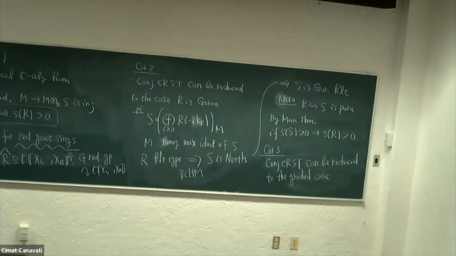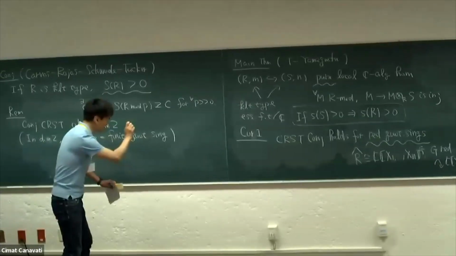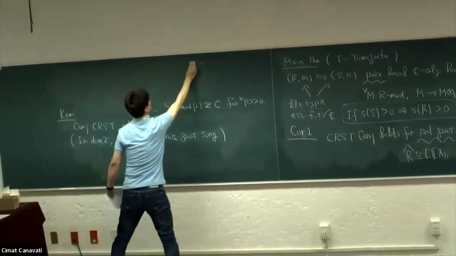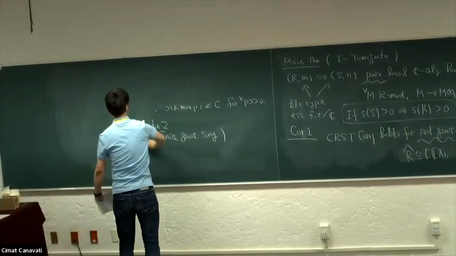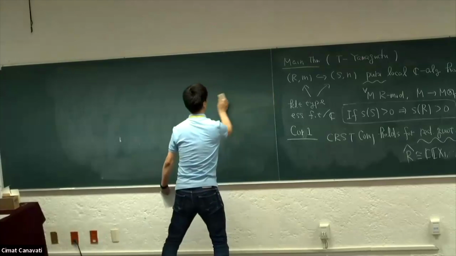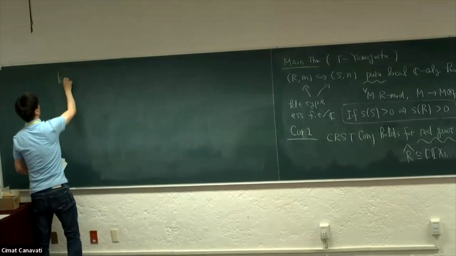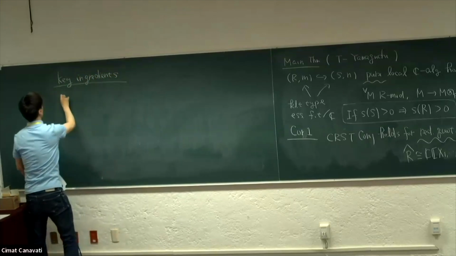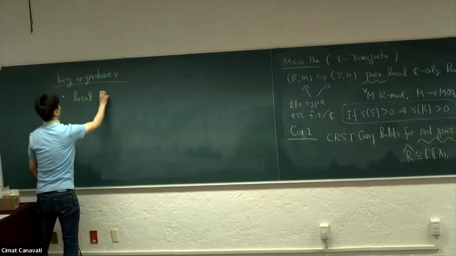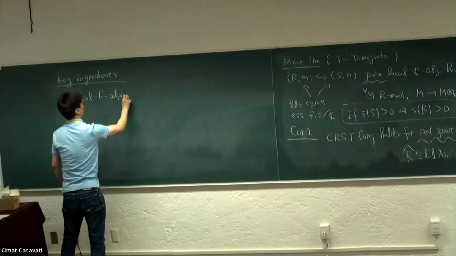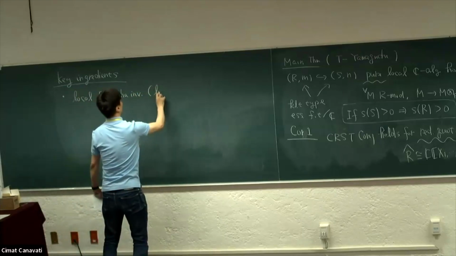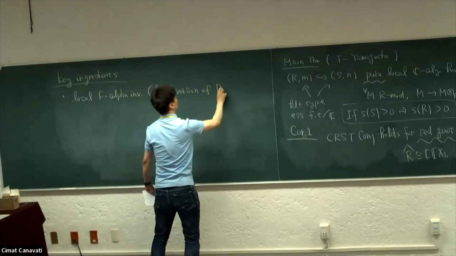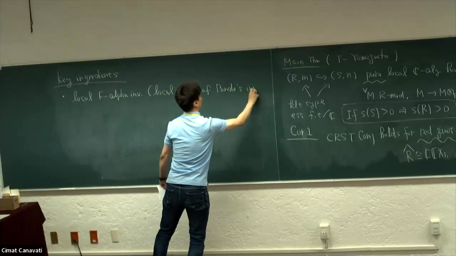There are two key ingredients. One is the local F-alpha invariant.